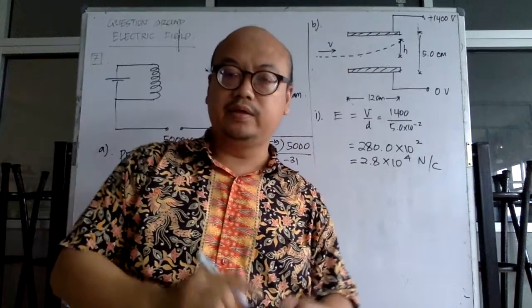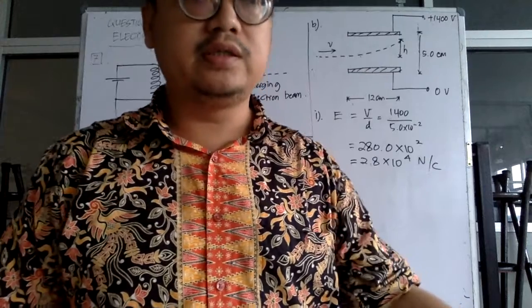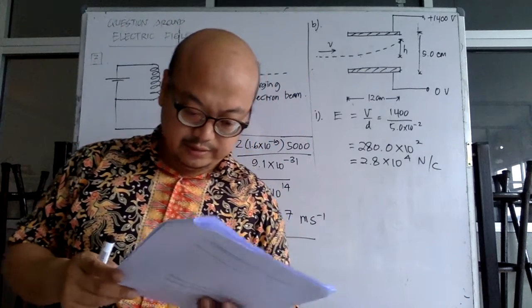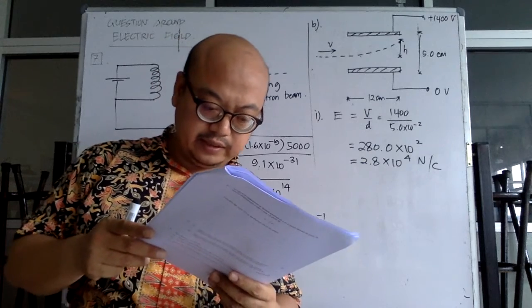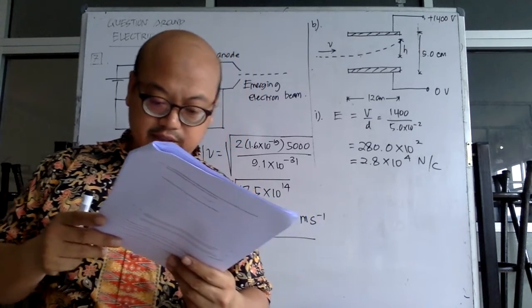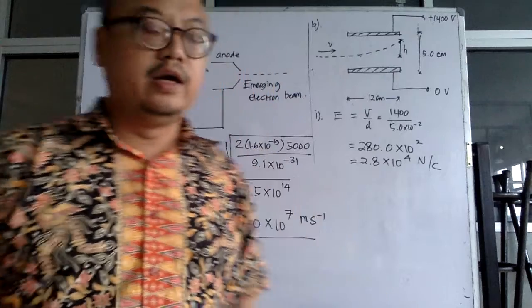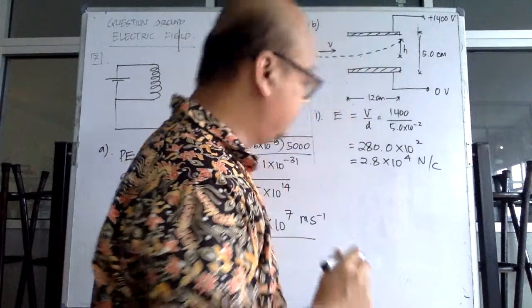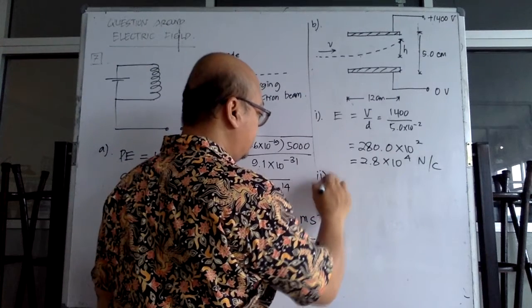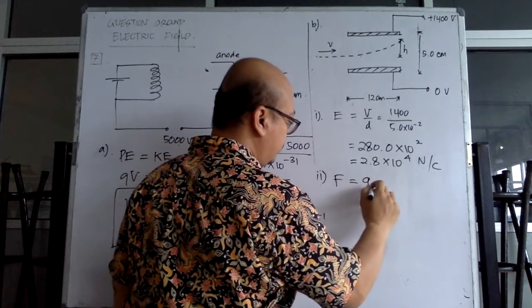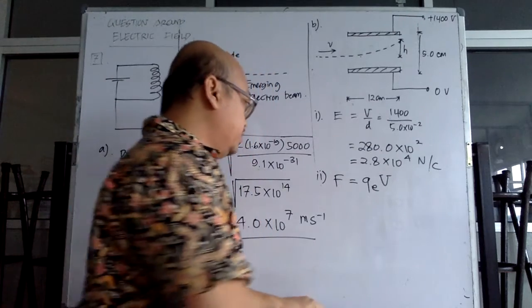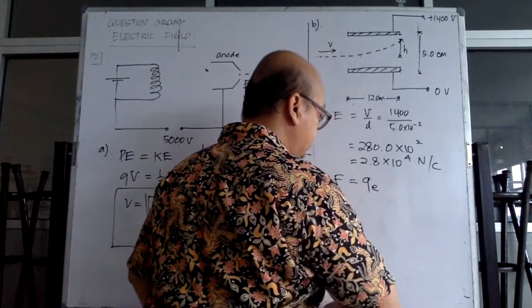Okay, we found the electric field in this diagram. Hence, determine the force F exerted on the electron. Coming back to our definition of force, it is QE. Sorry, this is not potential energy.